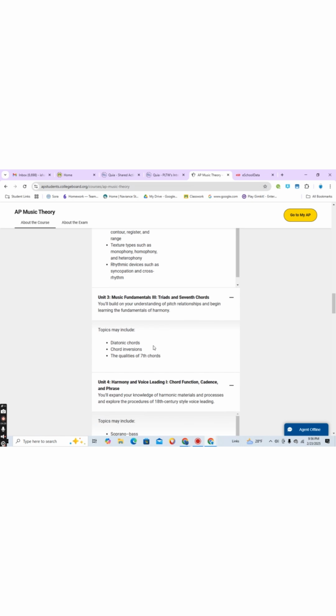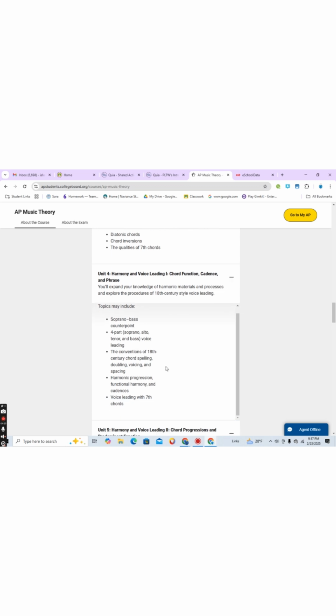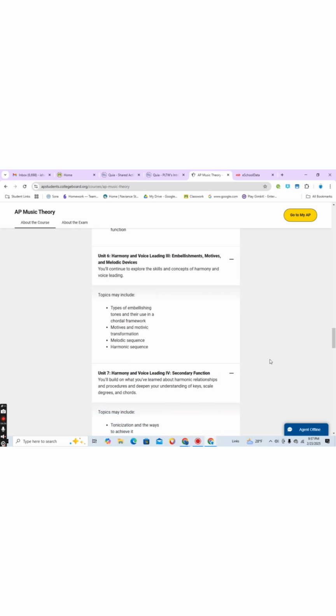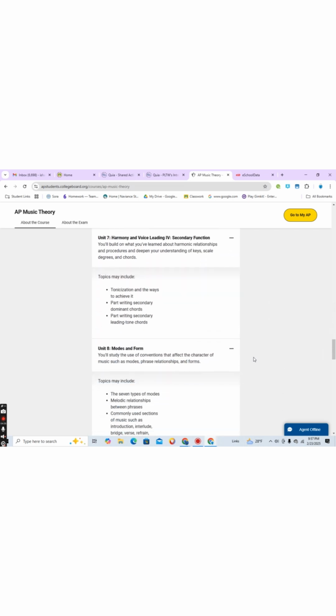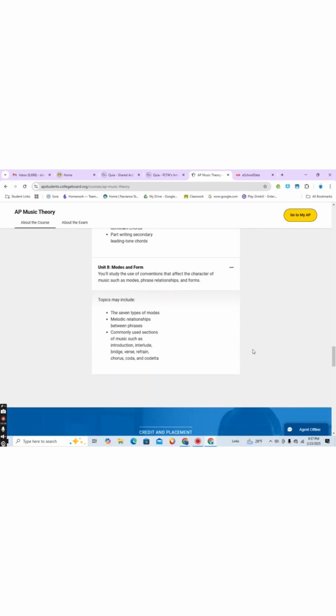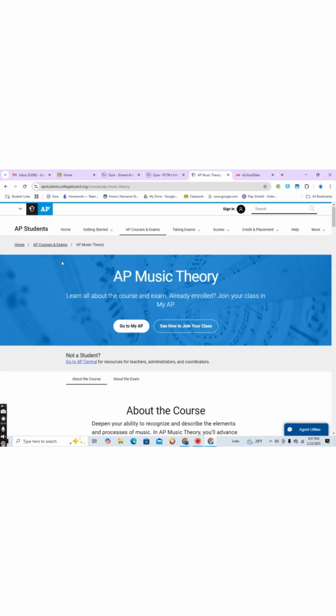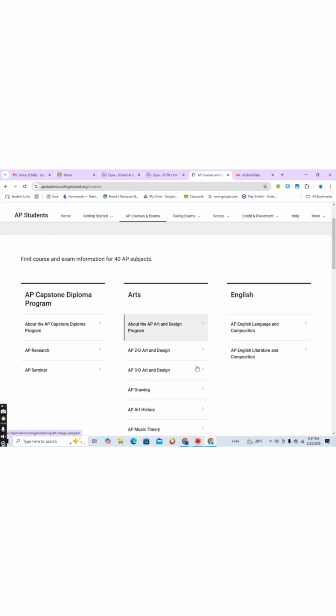For example, I don't know what a seventh chord is. What is a seventh chord? I don't know what a mode is either, okay? I don't understand this. I'd probably do badly on this.